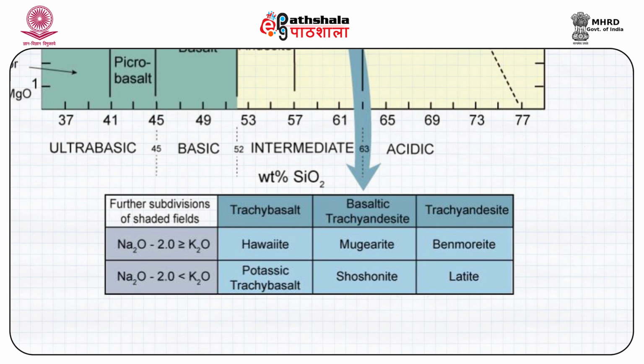These are rocks where, when there is more sodium than potassium, it is called hawaiite. And when Na2O is about 2% and K2O less than 2%, it is called potassic trachybasalt and then shoshonite. So, these are different ways in which a rock is classified into saturated and undersaturated rock.